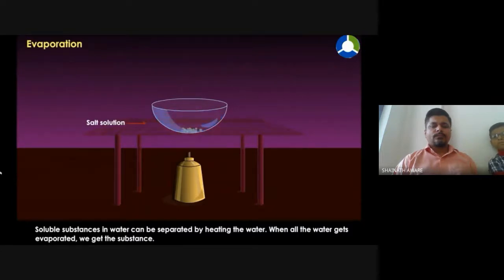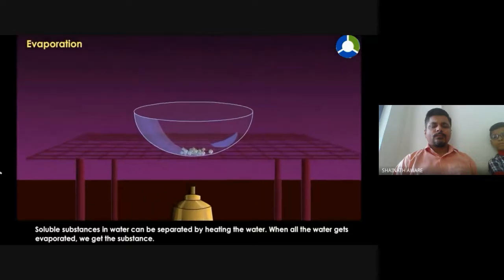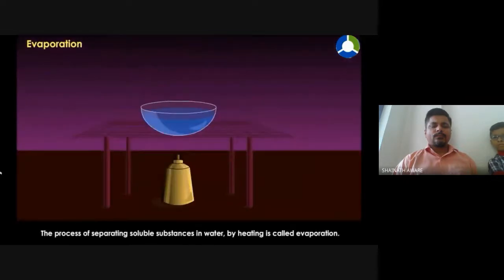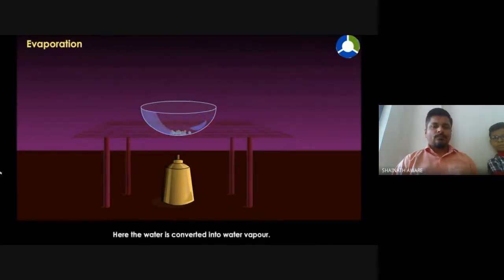When all the water gets evaporated, we get the substance. So, the process of separating soluble substances in water by heating is called evaporation. Here, the water is converted into water vapor.